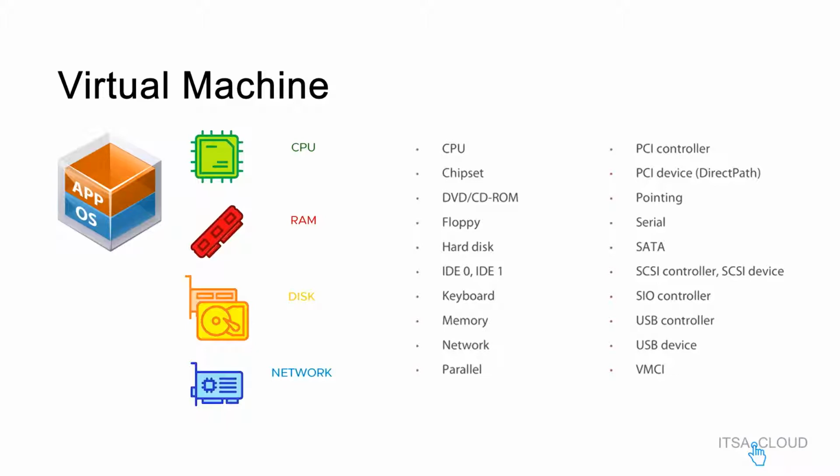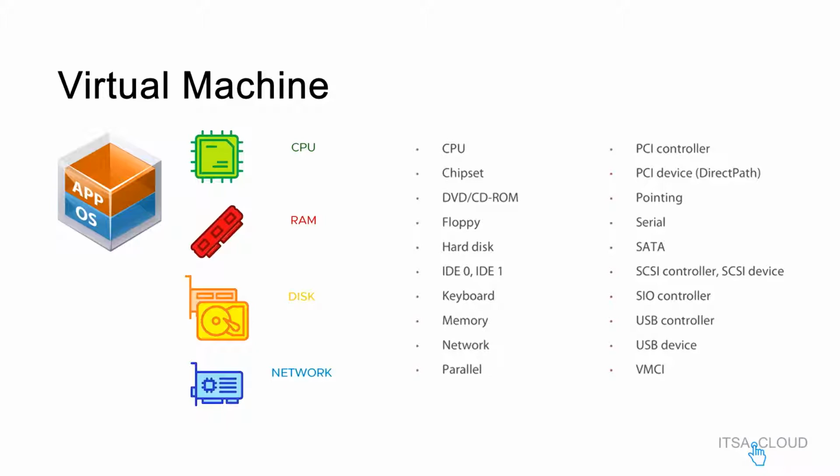In a VM, you may have two CPUs for a virtual machine, 3 gigabytes of RAM, 150 gigabytes of hard drive, and one or two NIC cards, or virtual NIC cards, in a virtual machine.